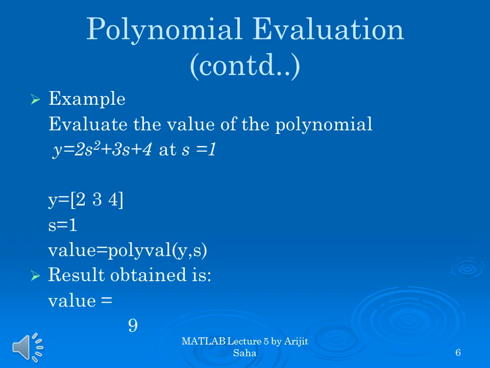An example is given. Evaluate the value of the polynomial y equal to 2s square plus 3s plus 4 at s equal to 1. So we have to enter y equal to [2 3 4], the coefficients of the polynomial, and s will be 1. So the value is given by polyval(y, s). The result obtained is 9.